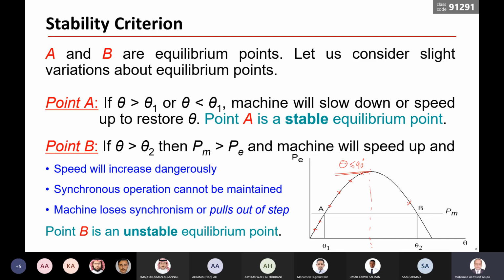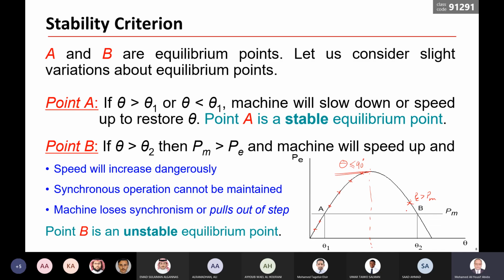Again, if we have any disturbance here, and P electrical becomes greater than P mechanical, so delta will reduce. What will happen? Delta will reduce. Yes.